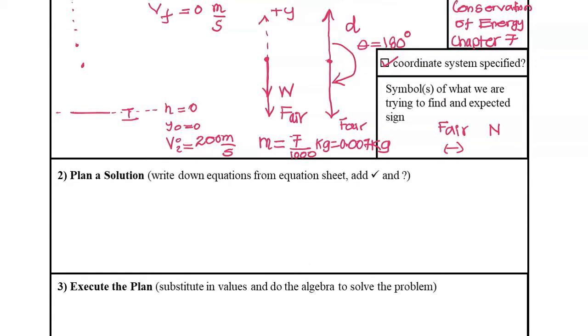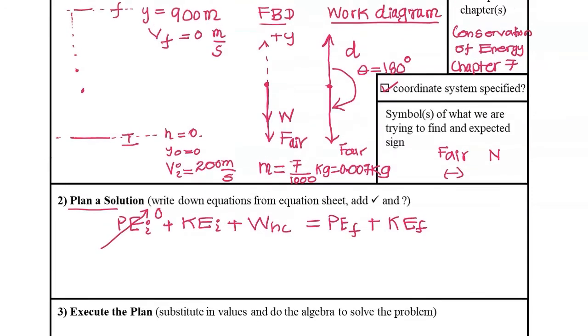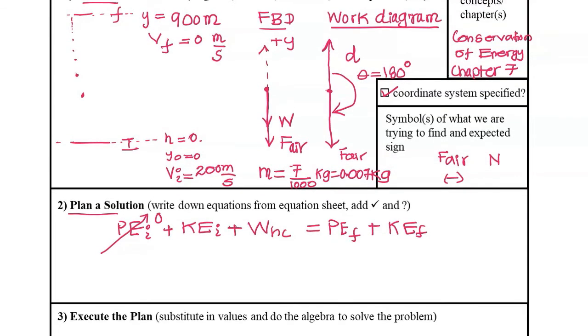Let's plan the solution now. I'm going to start by writing down the conservation of energy equation: initial potential energy plus initial kinetic energy plus work done by non-conservative forces is equal to final potential energy plus final kinetic energy. The initial potential energy of the system is just 0, because the initial height level is 0, as you can see in the diagram.